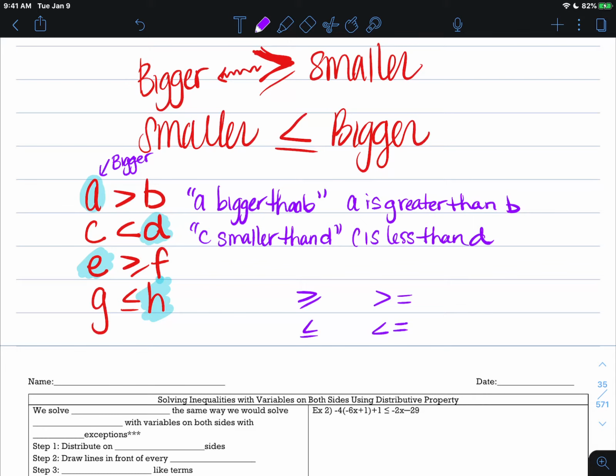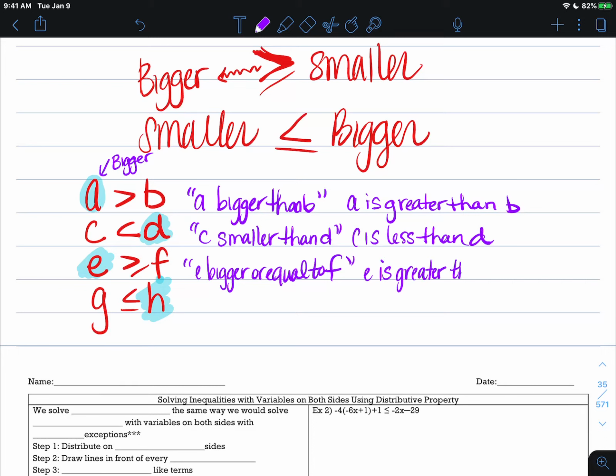It means E is greater than, or it can also be equal to F, okay? So my provincial way to say that would be E bigger or equal to F. And the proper way to say it would be E is greater than or equal to F.